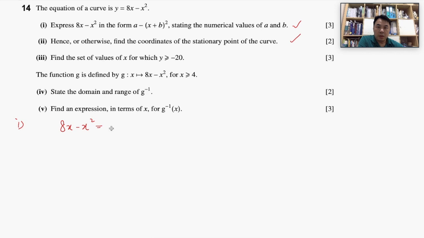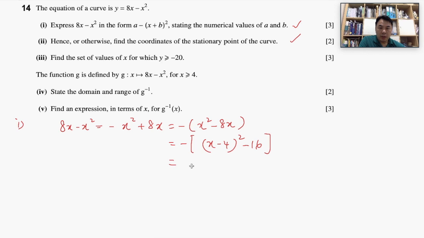Let's start off with this. As usual, I will rewrite in this form, and then I will factorize this, and then after that I will work out the completing the square form in this case. Finally I can write that down as 16 minus (x minus 4) squared.